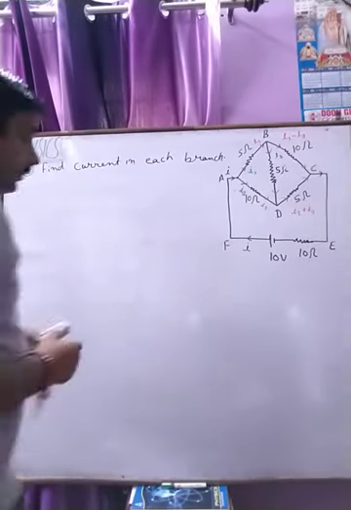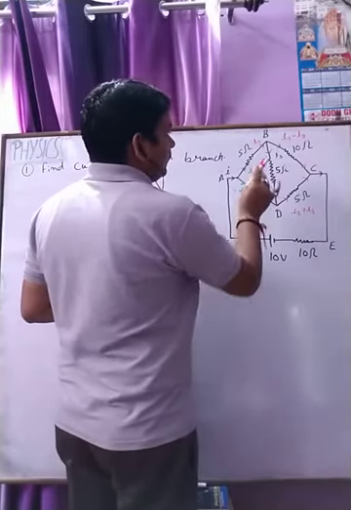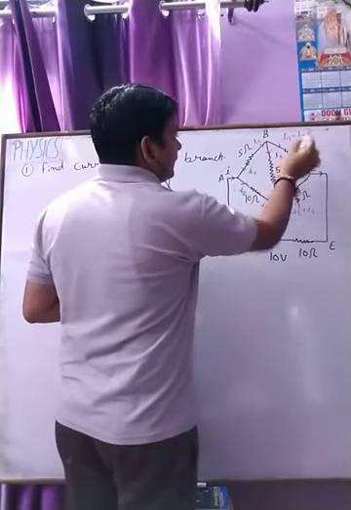In the branch BD, I3 current will pass. Therefore, in BC, it is I1 minus I3.